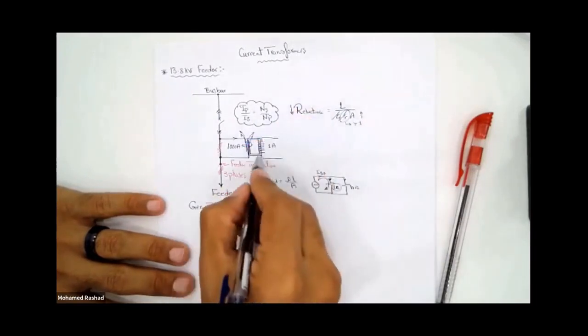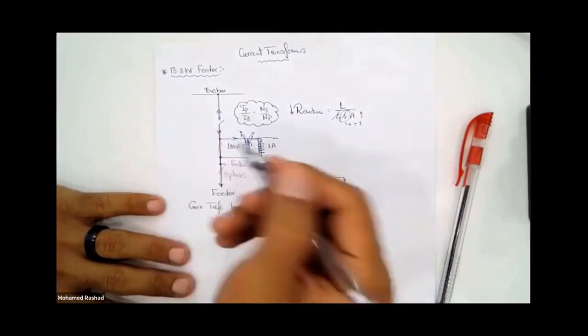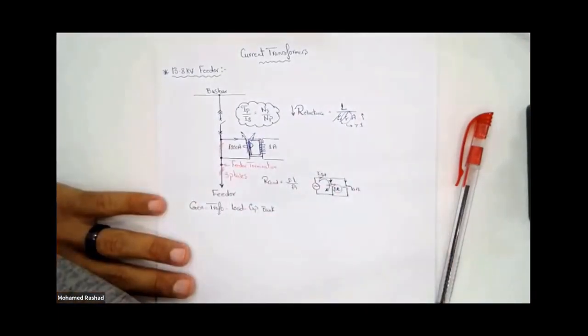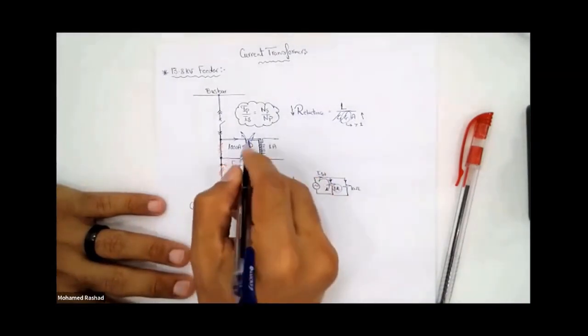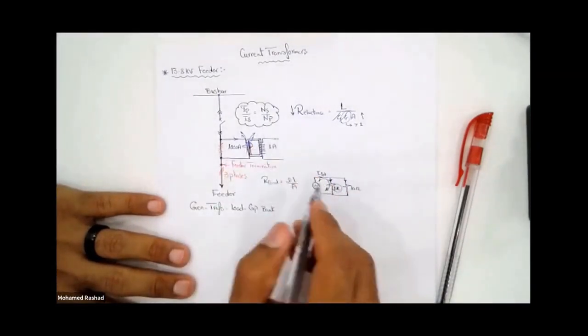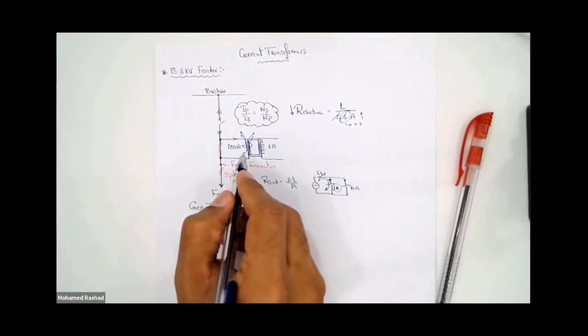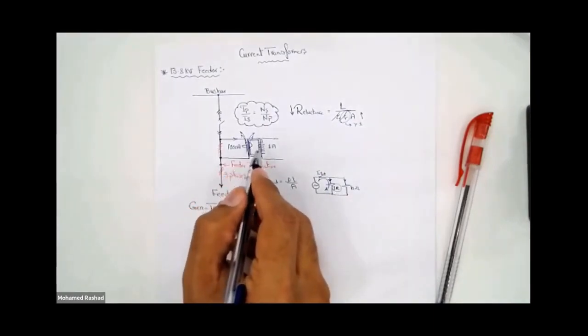This material is our iron core, made of a material that I will talk about in detail later, which is easily magnetized because its reluctance is low. This applies the same concept as the conductor, to make it go in the easiest direction for it in terms of its resistance.